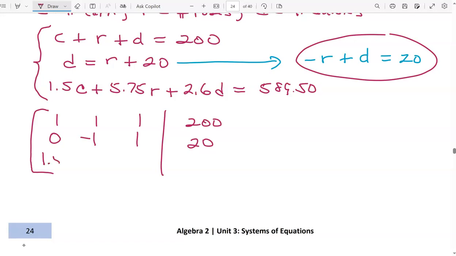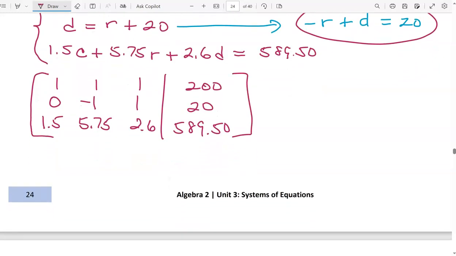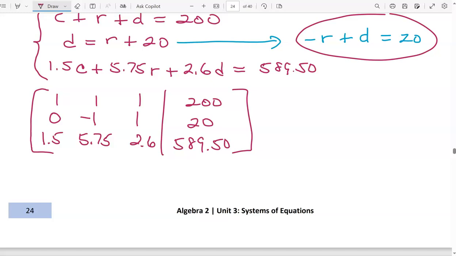And then on the last row, that's already in standard form, 1.5, 5.75, 2.6, and 589.50 is the last element. And now we're going to transform that into reduced row echelon form.